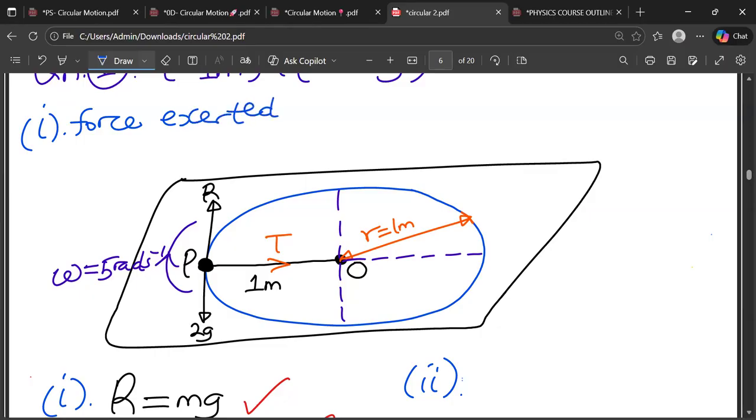This is the force exerted by P. The Roman 2, tension in the string.